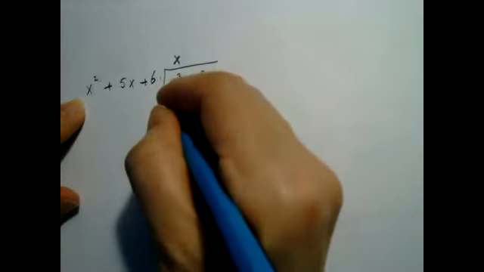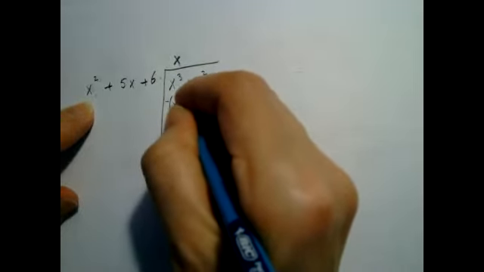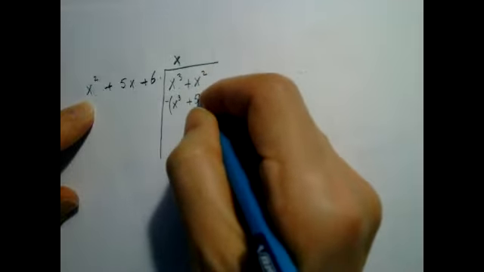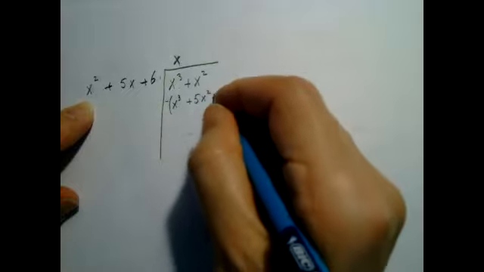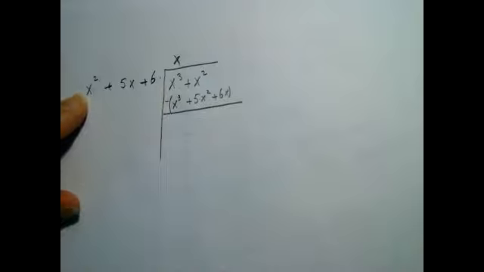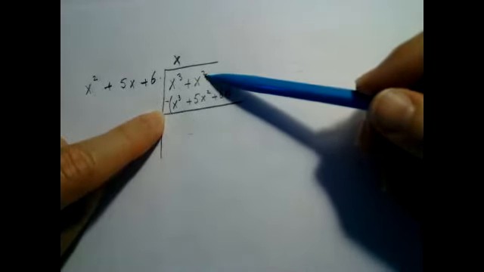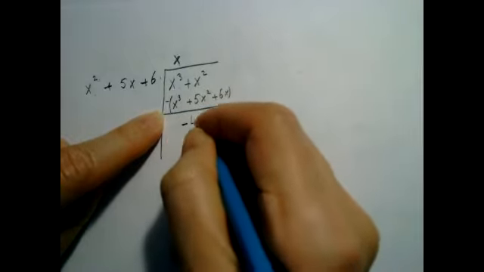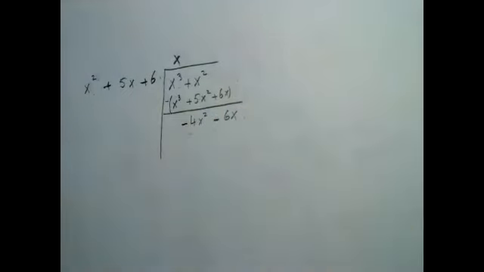So minus the following: x times x squared is x cubed, plus 5x squared, plus 6x, and I subtract from each other. I will have x cubed minus x cubed is 0. X squared minus 5x squared gives me minus 4x squared minus 6x.